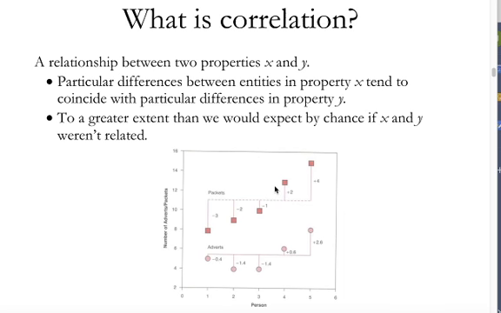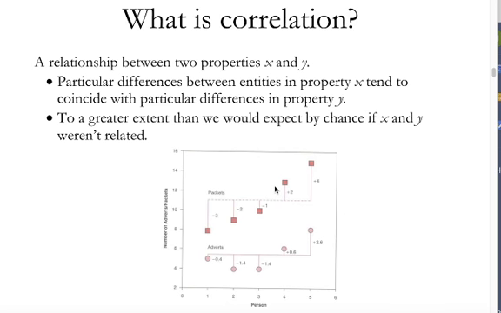Okay? So correlation is a kind of relationship between two properties or two sets of measurements, x and y. What does it mean? Well, if they correlate, then it means that particular differences between entities in property x tend to coincide with particular differences in property y.